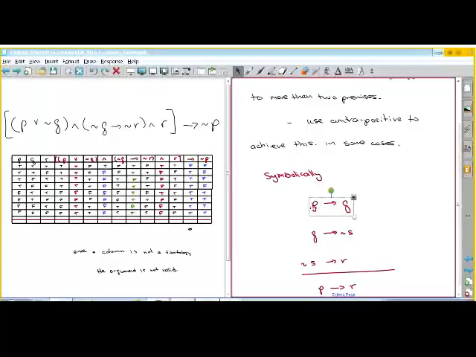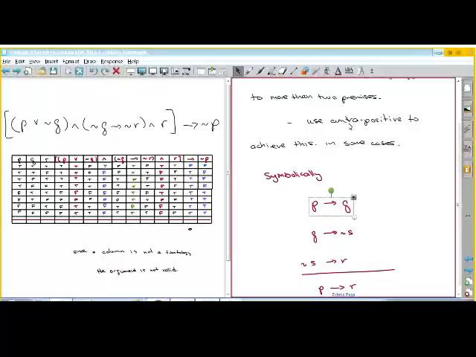And therefore your conclusion is you can take the first statement in the first if-then statement and the last statement in the last if-then statement and connect those directly. So if P, then R. But sometimes they don't come exactly in the order that makes it easy to cancel them out.